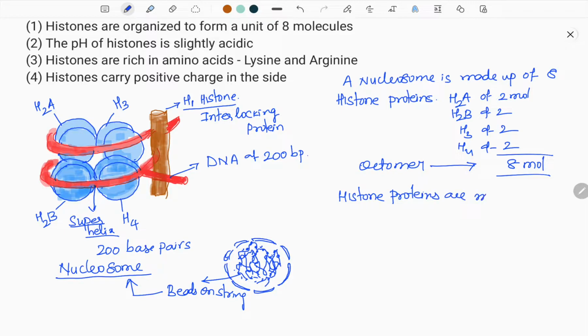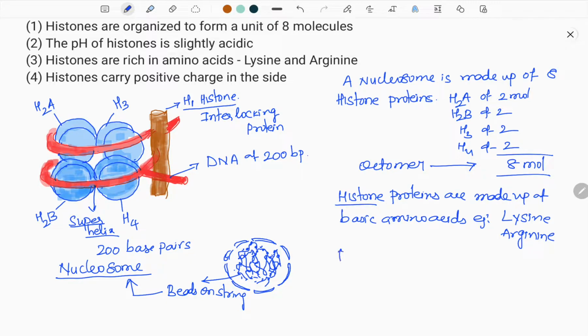What are basic amino acids? These have the amine groups or basic charges at their ends, like lysine and arginine. These are two basic amino acids by which histone proteins are made.